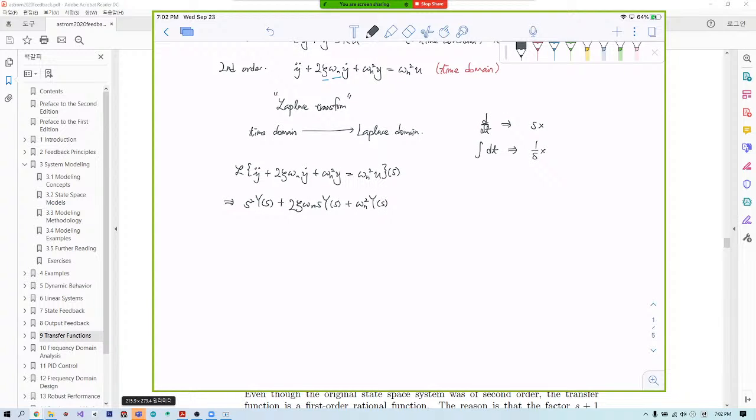And we do have this Y in Laplace domain, and that entire thing becomes equivalent to what? Omega n squared times U, the uppercase U. Because u is also a function of time, if we take the Laplace transform, it's going to change its form.